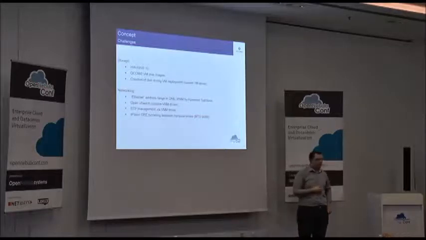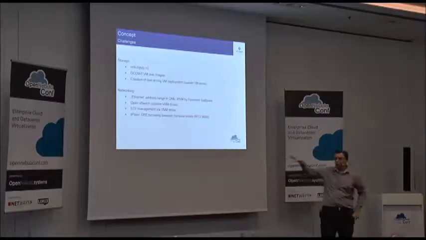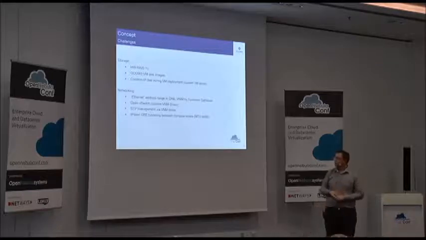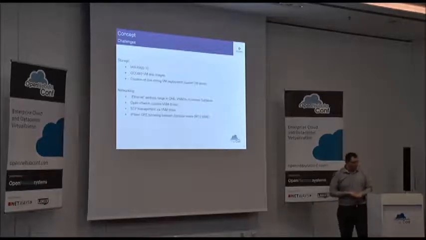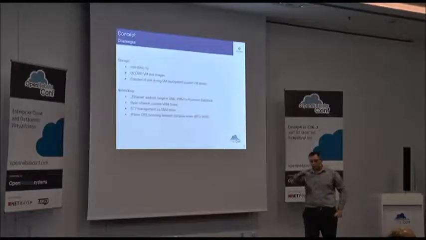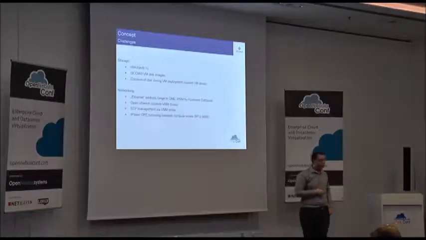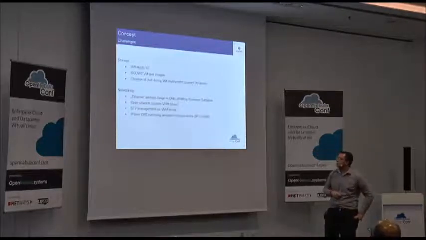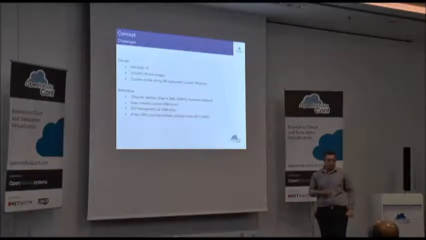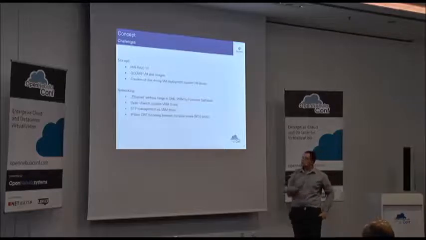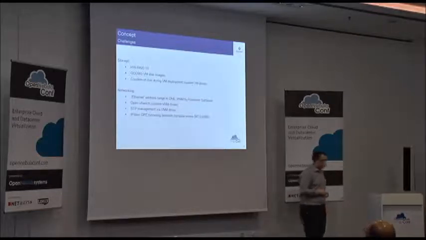OpenNebula copy the whole file, because QCOW file images don't need to allocate the whole size. For example, I'm creating with qemu-img a new image file, a QCOW file, and say it can grow up to 250 gigabytes, but only allocates metadata and something like that. And when you're using the SSH driver, the whole file will be transferred to the target host, and you don't want that.